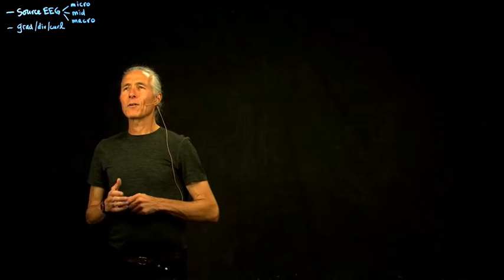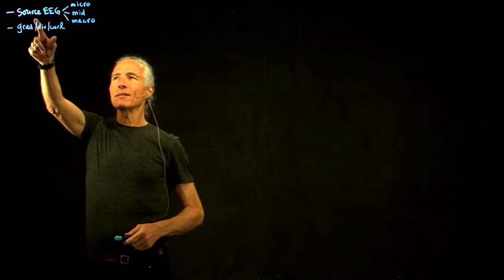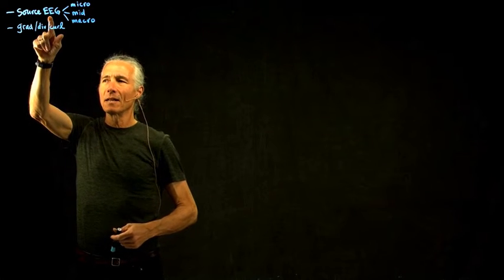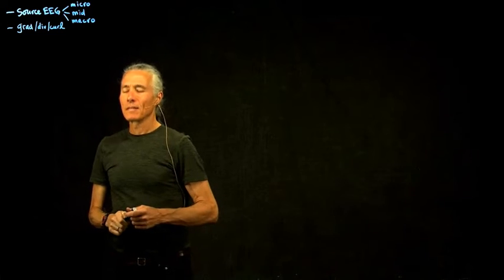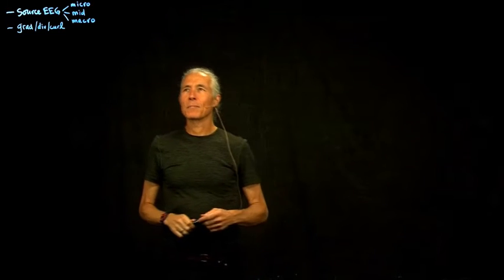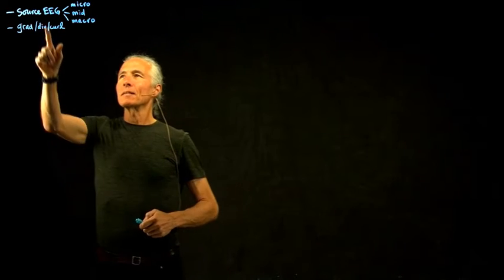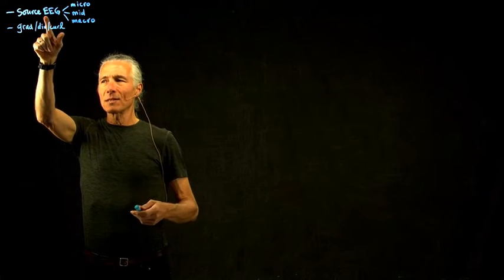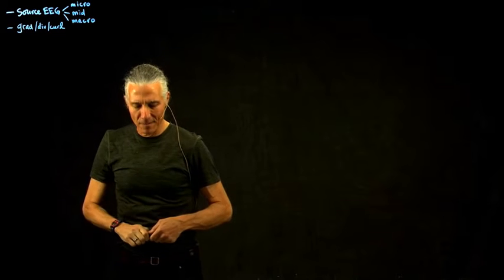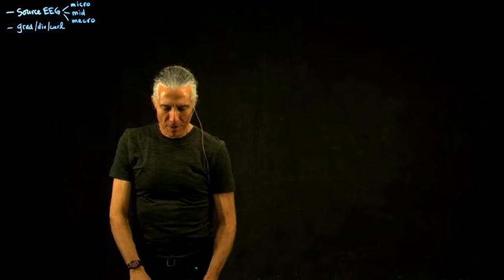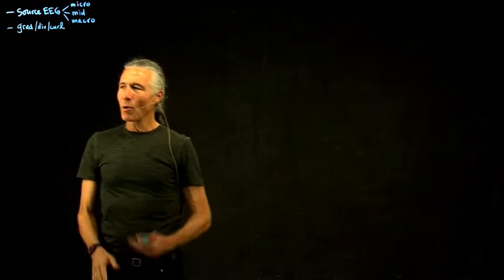So I'm going to continue on the source of the EEG. I mentioned it last time, but I want to go into a little more detail about EEG signals, electrical signals that you can record from the brain at different scales, because this is a very important idea: coarse graining.